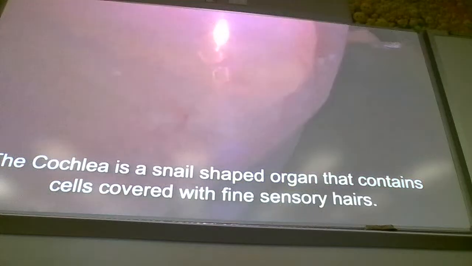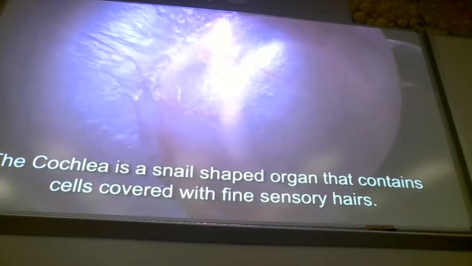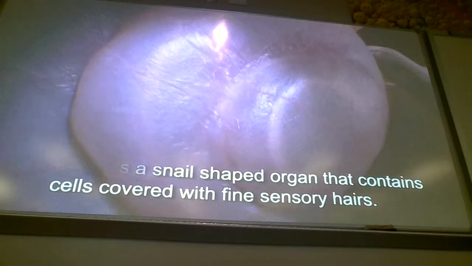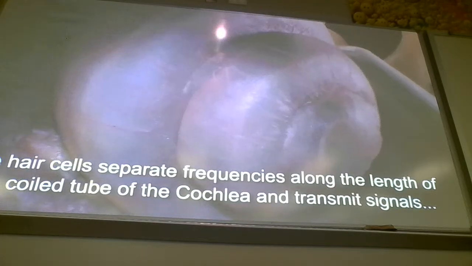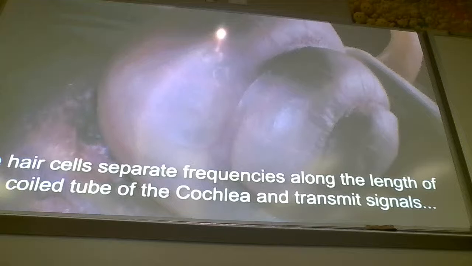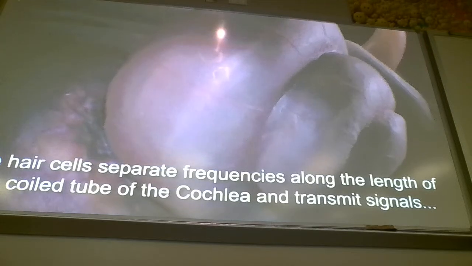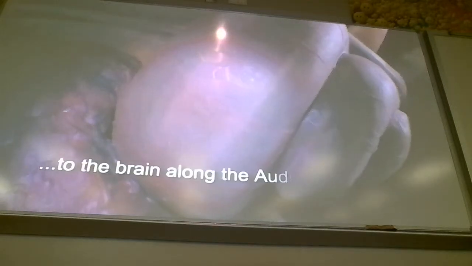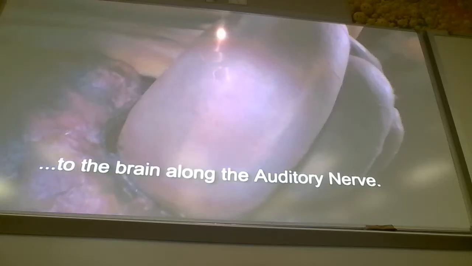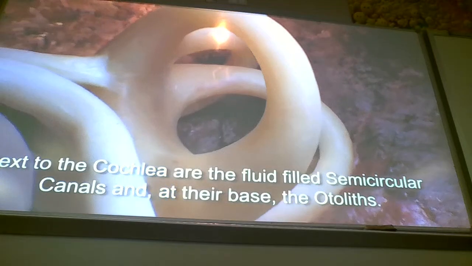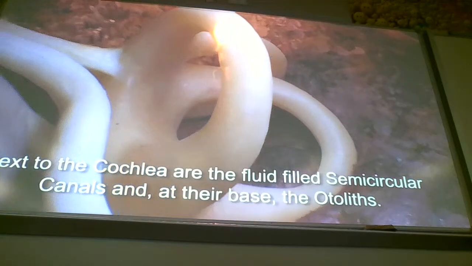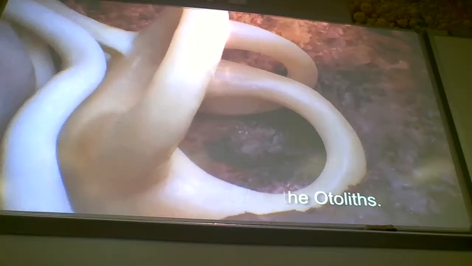This is where it converts from mechanical vibrations into electrical signals. So this is the thing that controls your equilibrium, your balance.